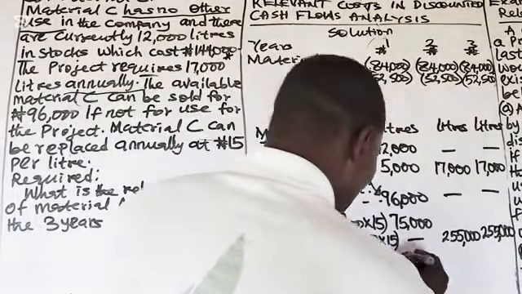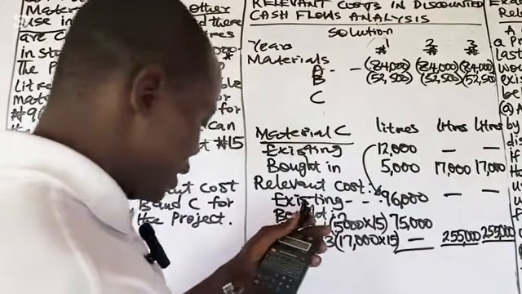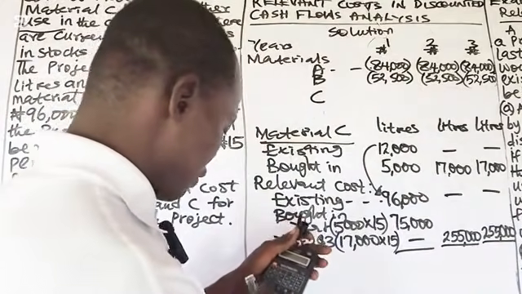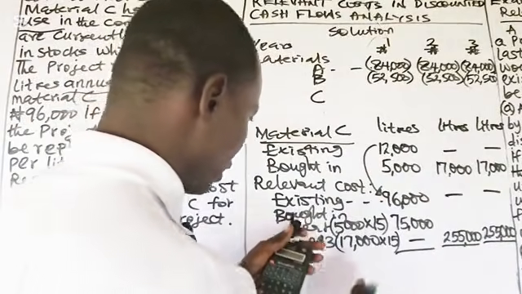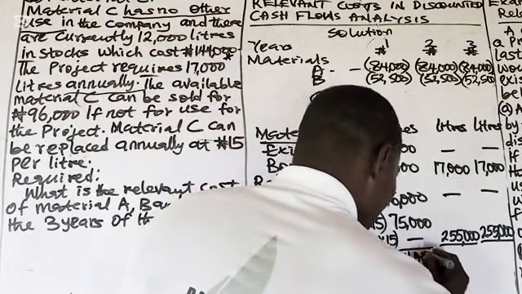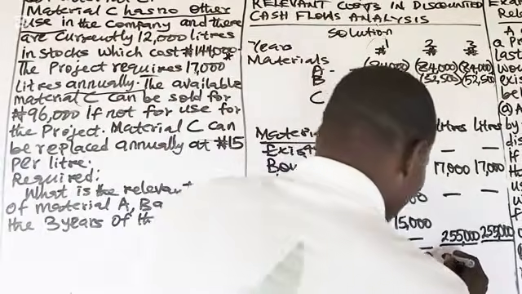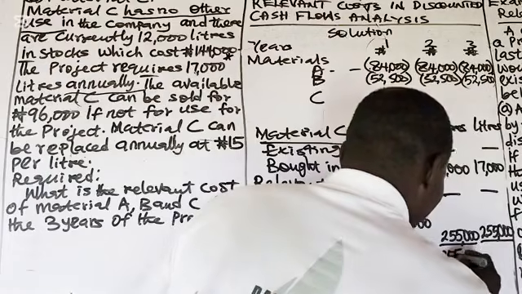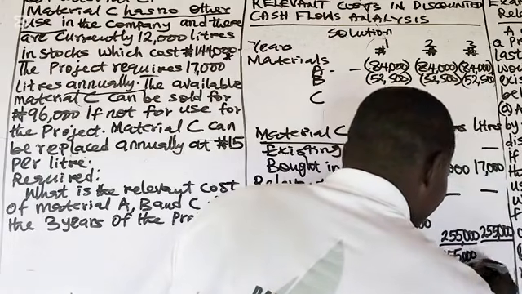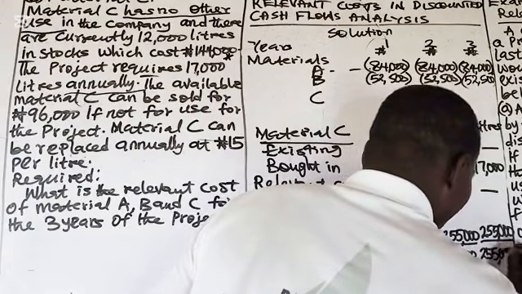So if you sum this up, 96,000 plus 75,000 totals 171,000. So the material C required in year 1 is 171,000. In year 2, we have 255,000. In year 3, 255,000.